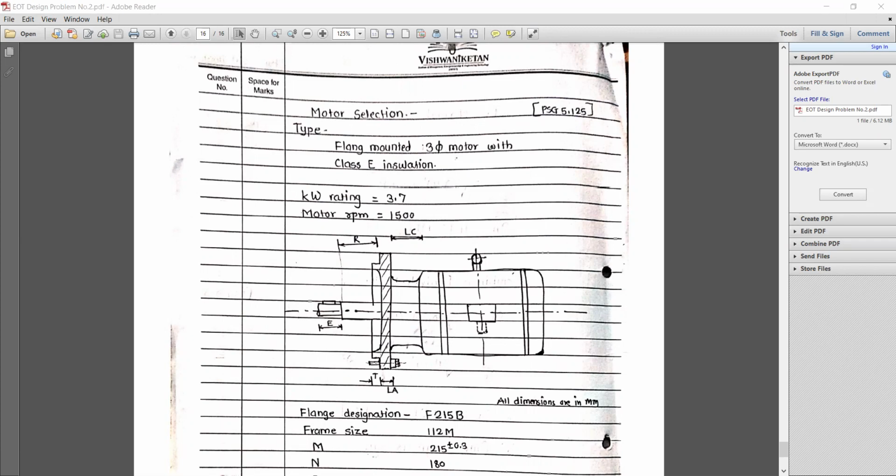We normally select flange mounted for engineering applications, with class E insulation, working on a three-phase motor. If time permits, you can draw this diagram and select the standard motor to satisfy the requirements.